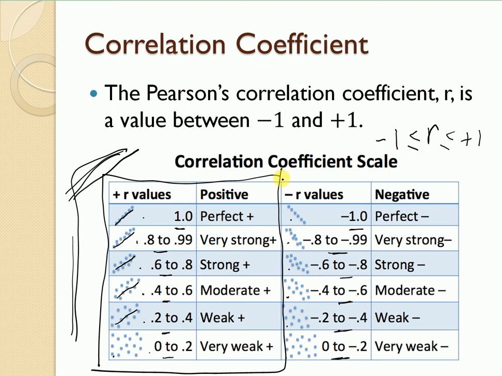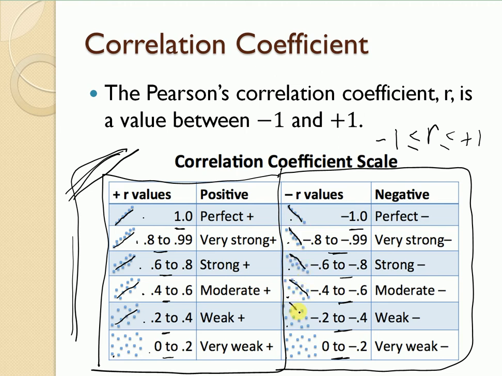And over on this side, the variables are negatively related as the values follow a downward sloping line. Also note in the specific case where the correlation coefficient is equal to 0, that is an indication of no correlation.